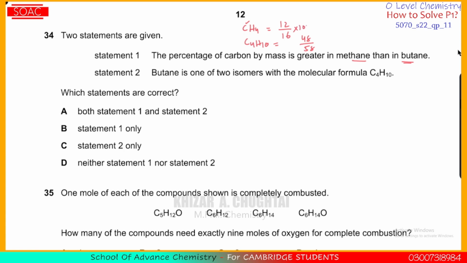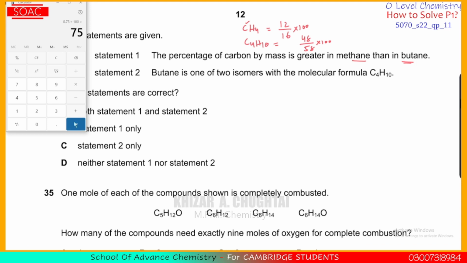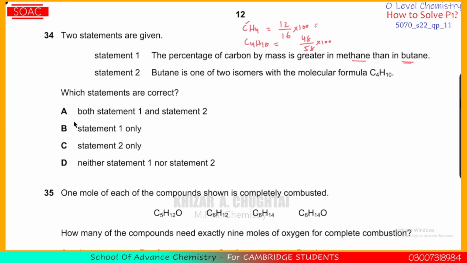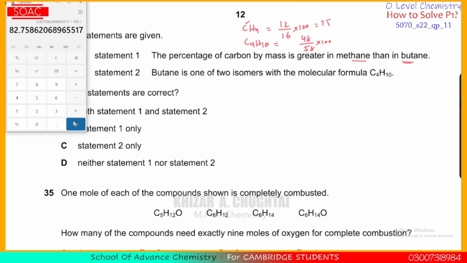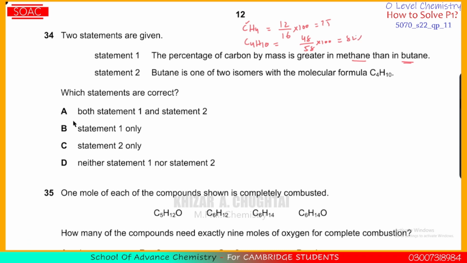Multiply by 100 in both cases. The answer is 75% in the first case. And what about butane? The answer is 82%. So is the percentage of carbon by mass greater in methane? No. Statement 1 is incorrect.